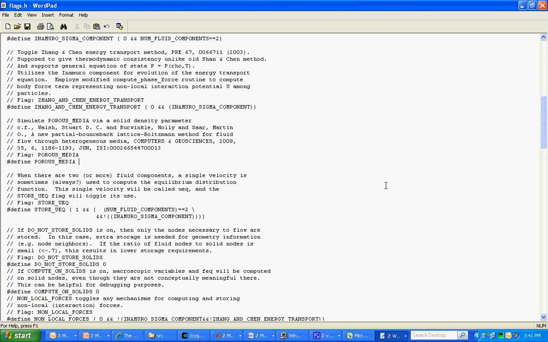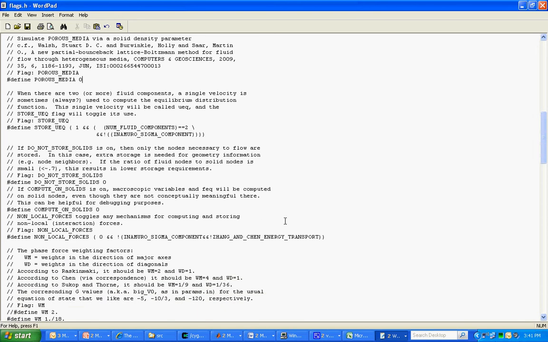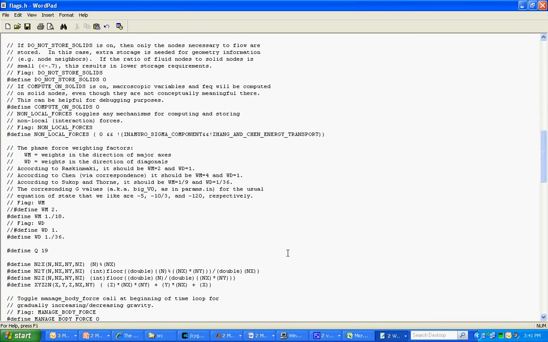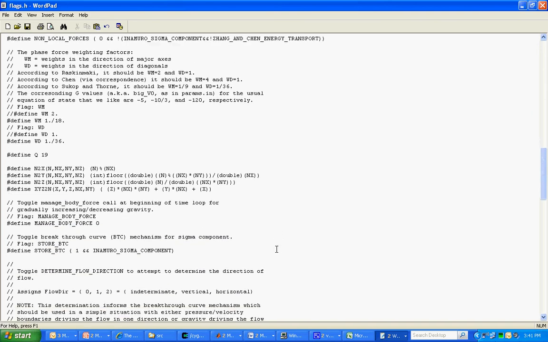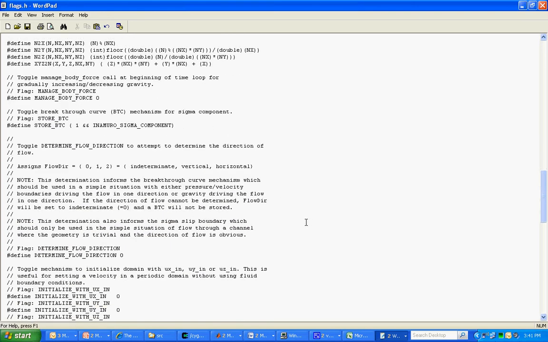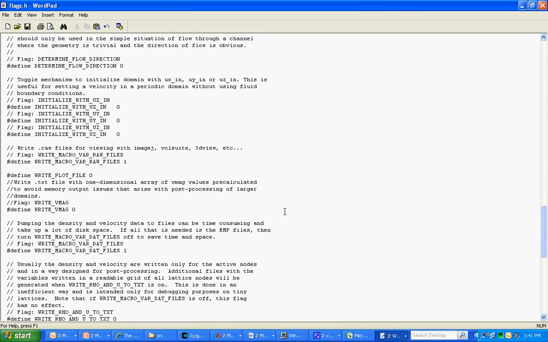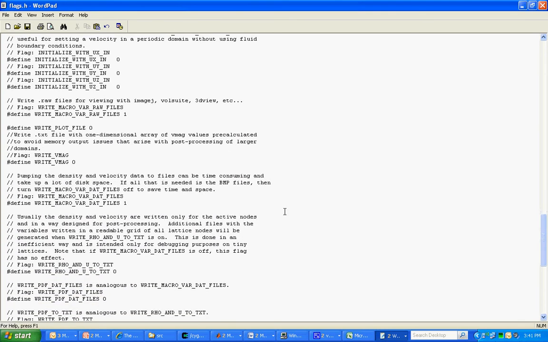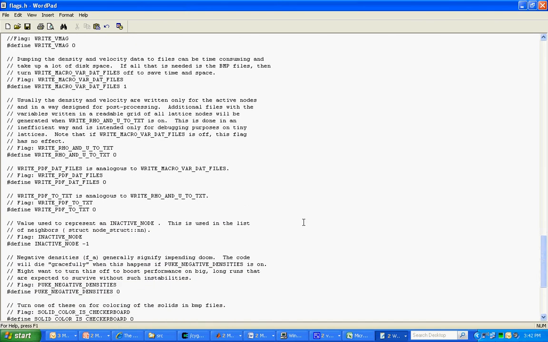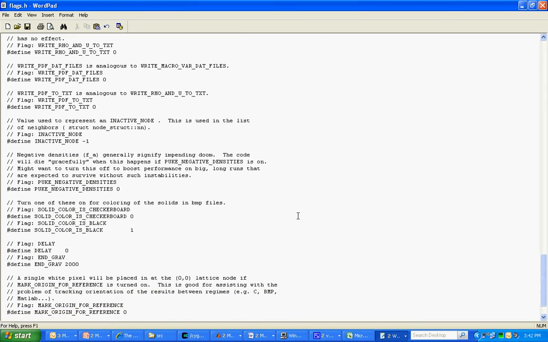And since we're here, we'll look at the rest. Non-local forces are off. This is for multi-phase simulations. And none of the rest of this is really relevant to us right now.